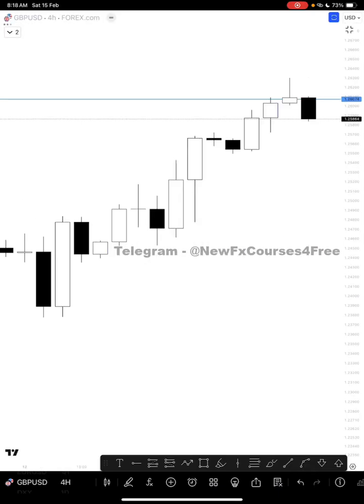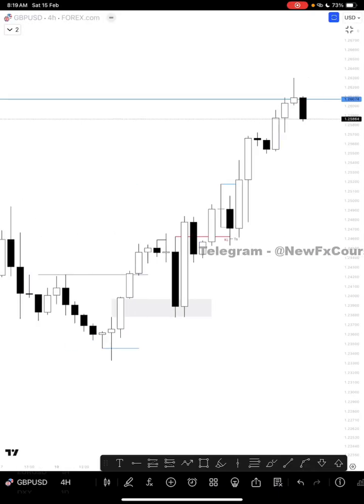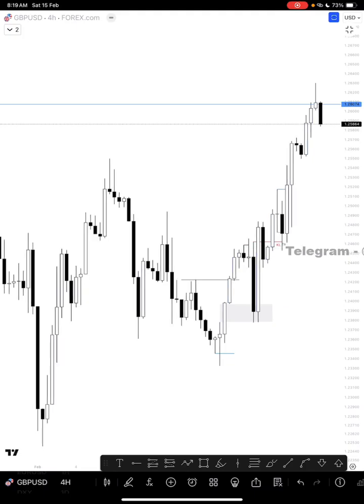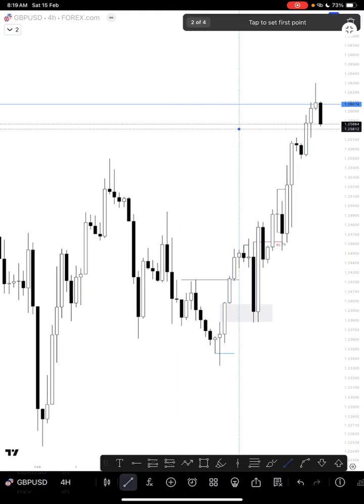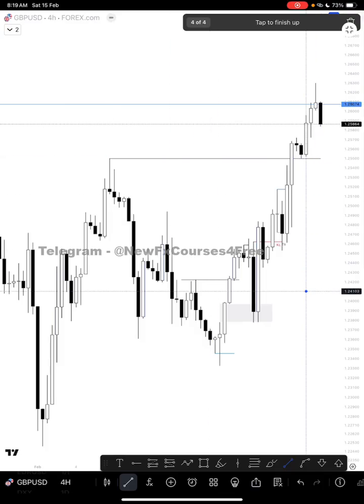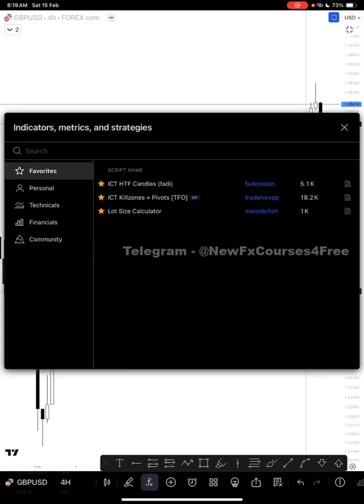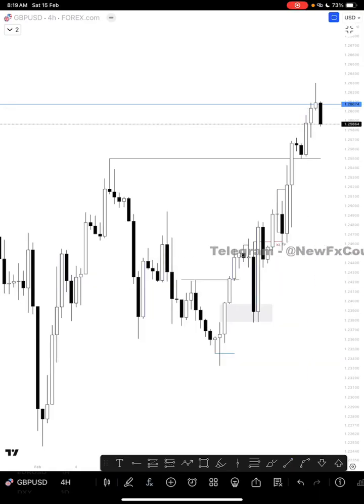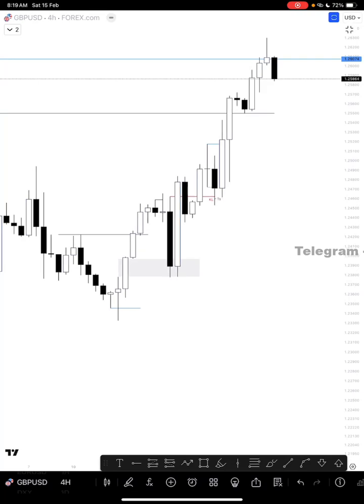So here, if you look here, we got what? We got this high. So remember how I actually outlined a bullish breakup block. That was actually a breakup block or mitigation block, whichever you call it.